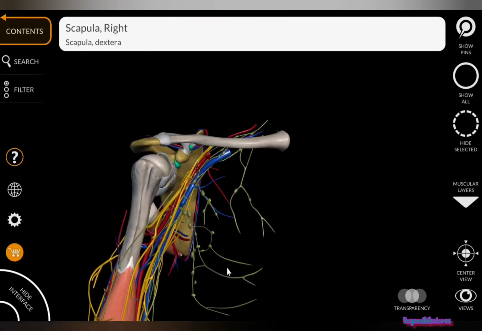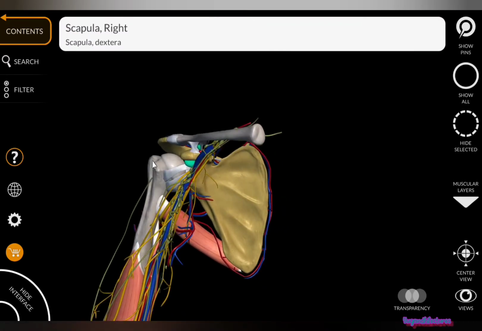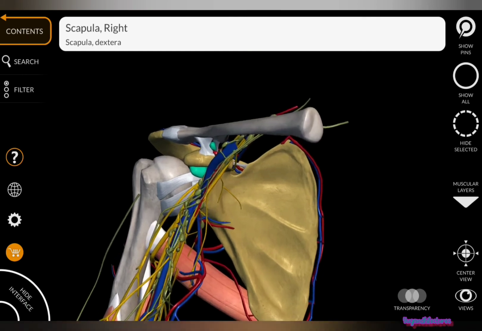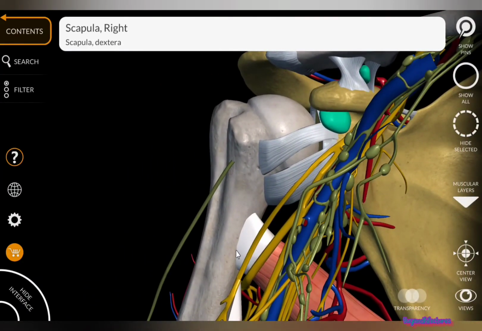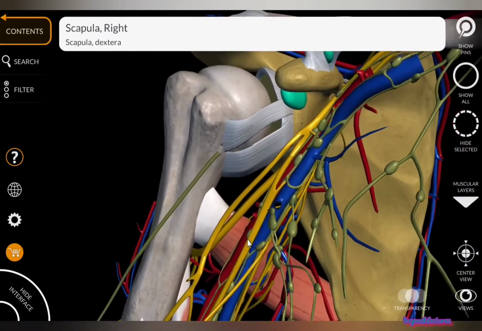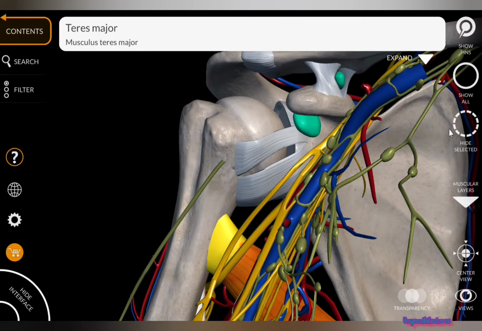So it gets attached to the medial lip of the bicipital groove on the humerus. You can see here, this is the medial lip of bicipital groove. So the teres major muscle gets attached to that. So the insertion of the teres major muscle is also under the cover of the deltoid. I am going to remove that also.